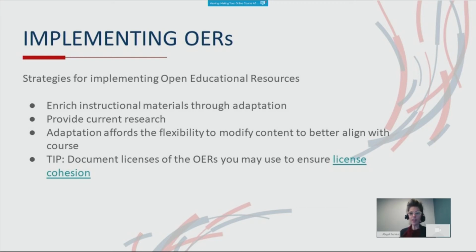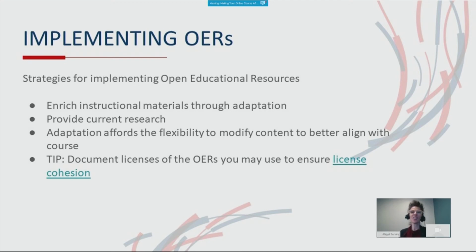And on that note of modules, you can find OERs for just one part of your course. For example, you could find a question bank or a simulation or a virtual reality exploration for just one module of the course, or one part of one module of the course. You can do whatever you wish. This does not have to be one or the other. It does not have to be binary. It's a spectrum.